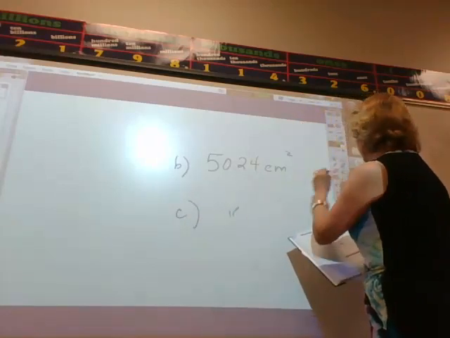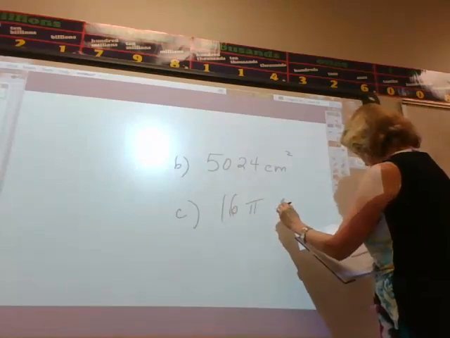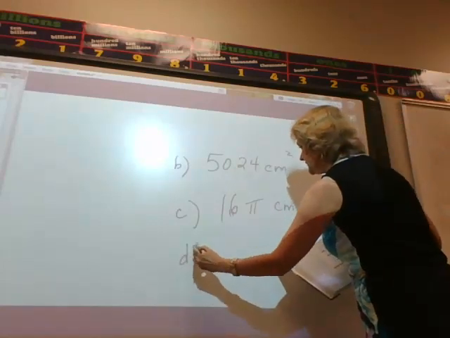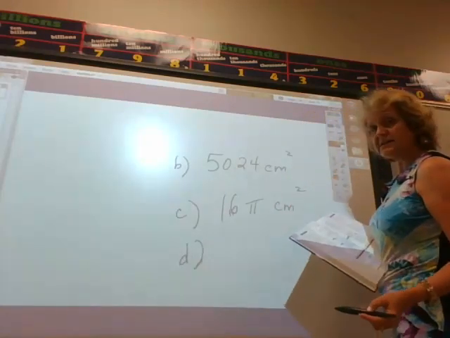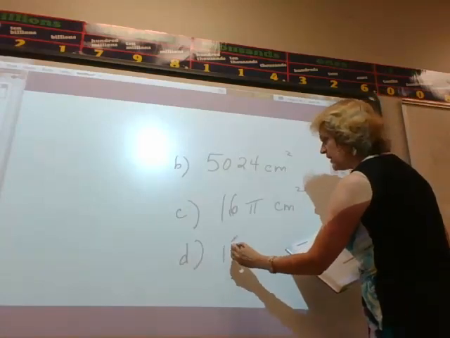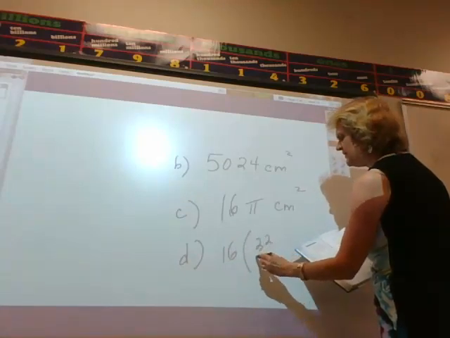For C, you're supposed to leave pi as pi. Oh, how nice. So 16 pi centimeters squared. Now for D, we have a diameter of 8, so the radius is 4. We're going to square 4, and then it says to use 22/7.